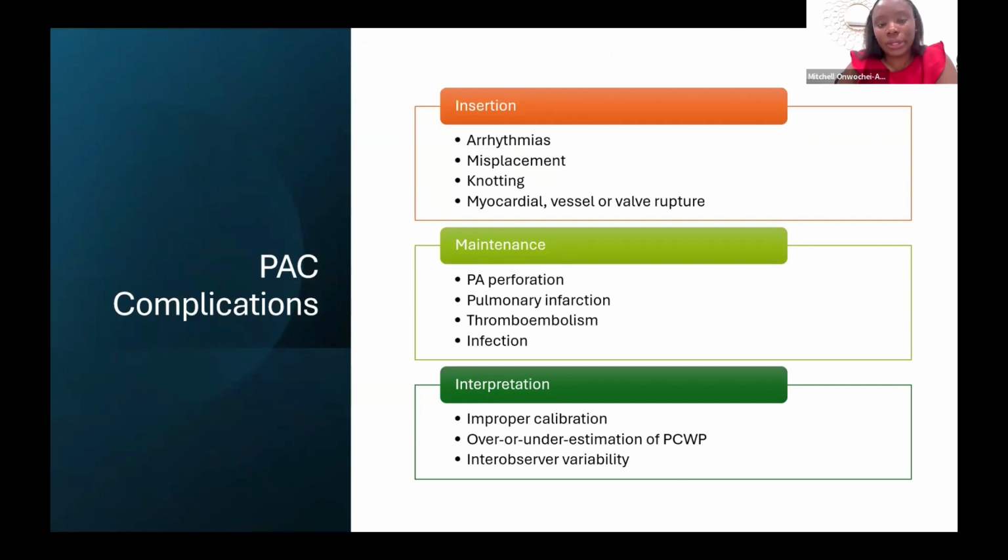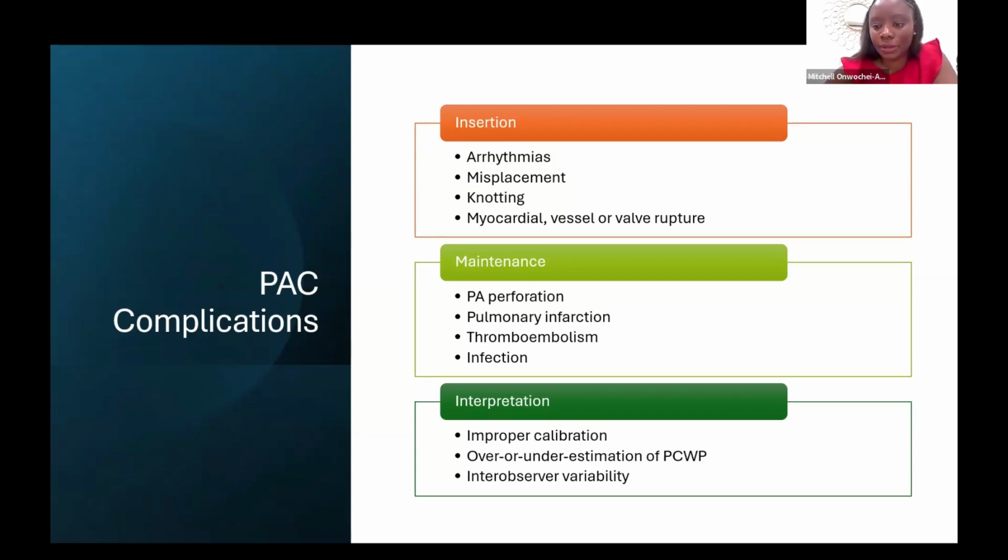However, when the studies were published, physicians started moving away from it because if you have a complication during insertion, you could have arrhythmias, you could have misplacement, you can have myocardial, vessel or valve rupture.